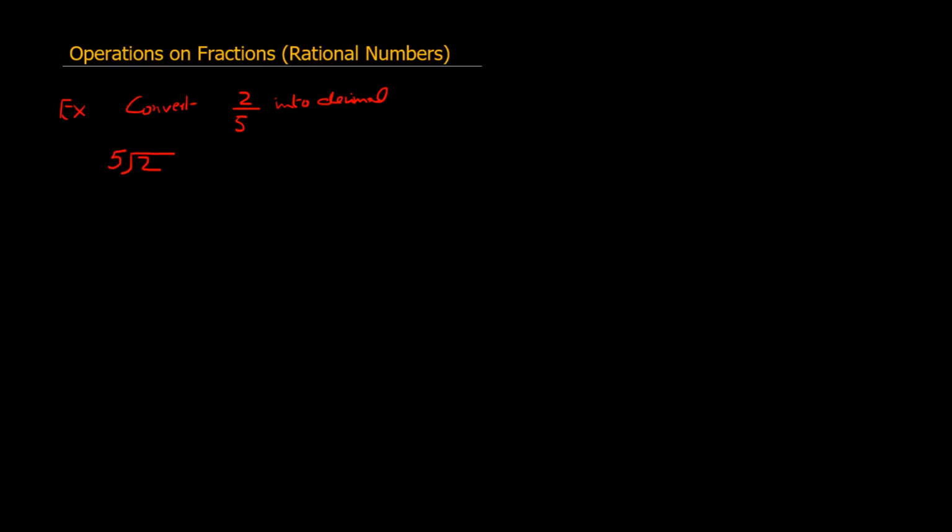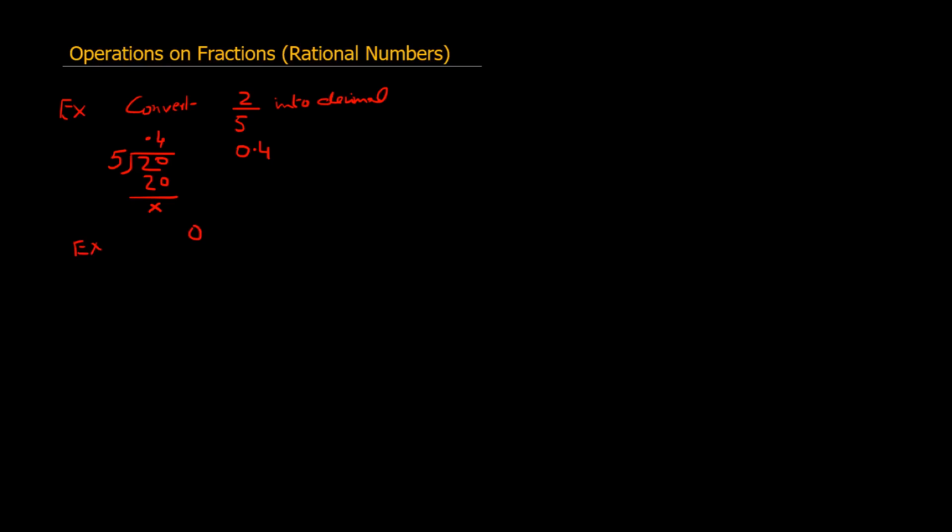So since 2 is less than 5, we put a decimal here and then we put 0. Now 4 times 5 is 20, so we put 4 at the top and then we got nothing left. So the answer would be 0.4.